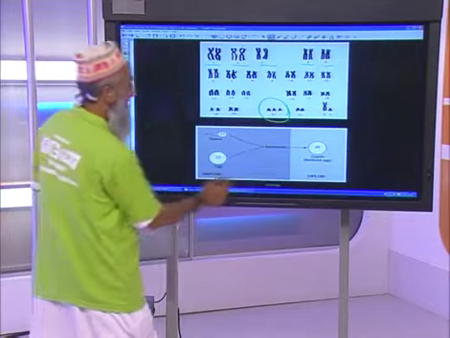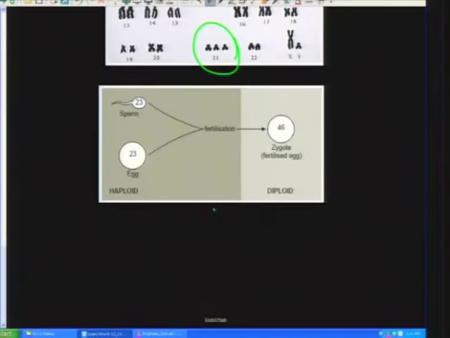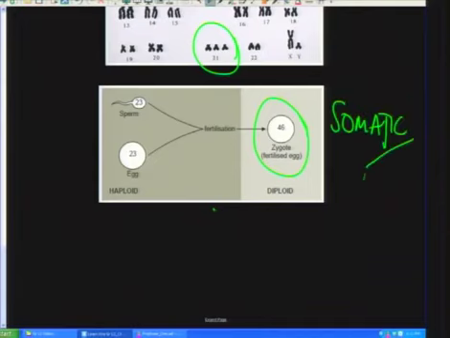A little bit more about the haploid-diploid story. Remember we said that our normal body cells or somatic cells have 46 chromosomes. Now here you have a fertilized egg cell that has that.